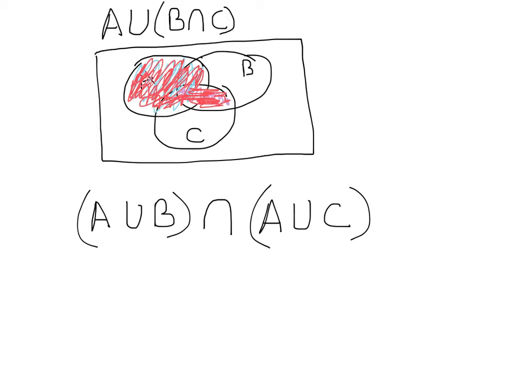If I take A union B intersect A union C, you get the same thing as A union B intersect C. So those two are in fact the same regions, and in general they are no matter what A's and B's and C's we choose.